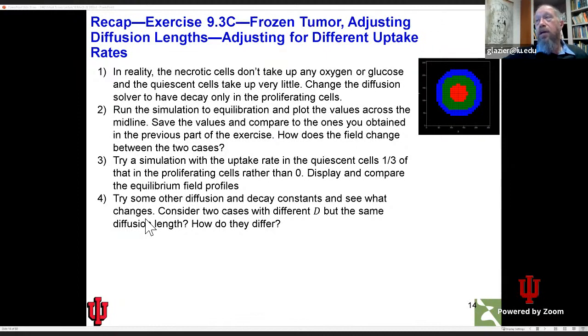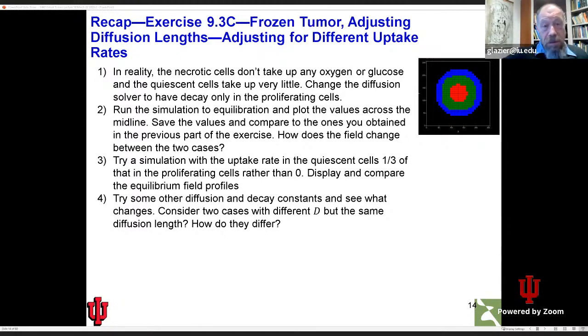And so the next thing to do would be to change your constants so that there's no decay inside the necrotic or the quiescent cells. And you could run it again.